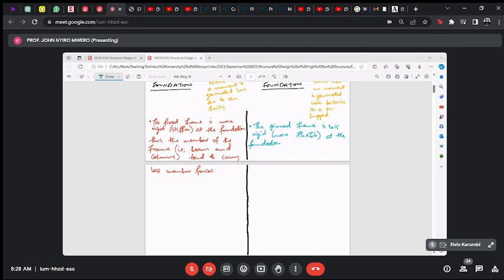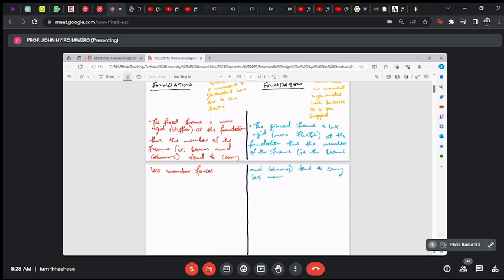Thus the members of the frame, that is the beams and columns, tend to carry more member forces.